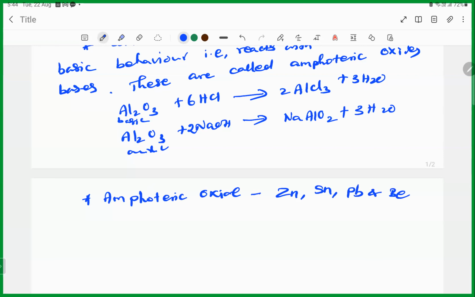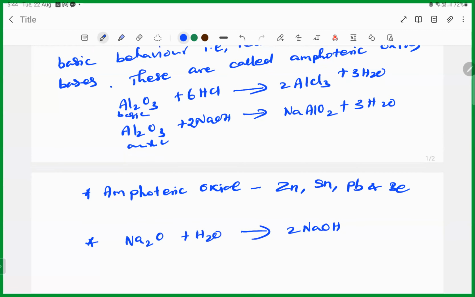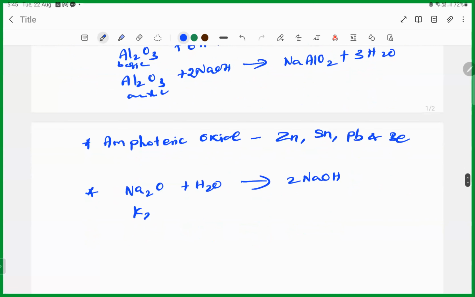And next, most metal oxides are insoluble in water, but some dissolve in water to form alkali. Sodium oxide and potassium oxide dissolve in water to produce alkali. For example, Na2O plus H2O gives 2NaOH, and K2O plus H2O gives 2KOH.